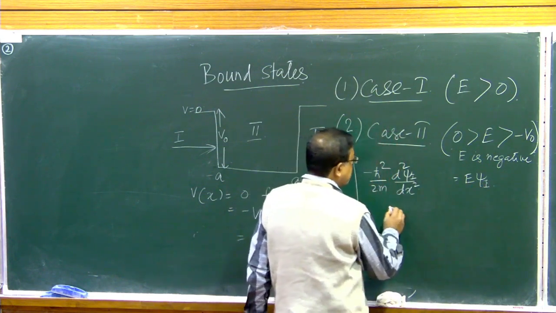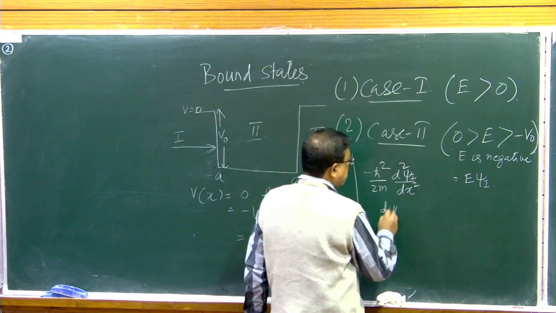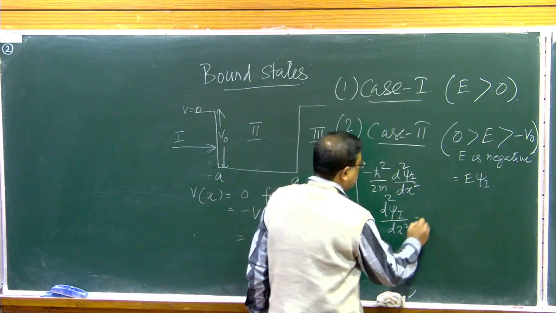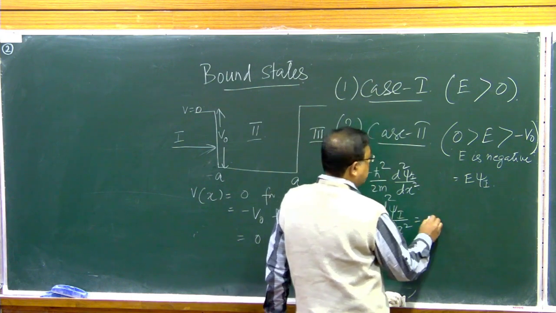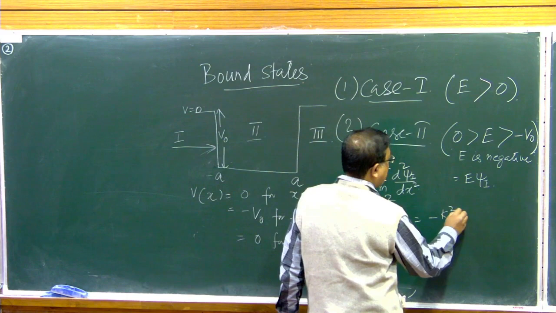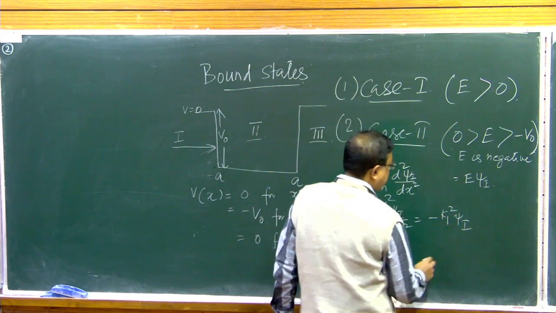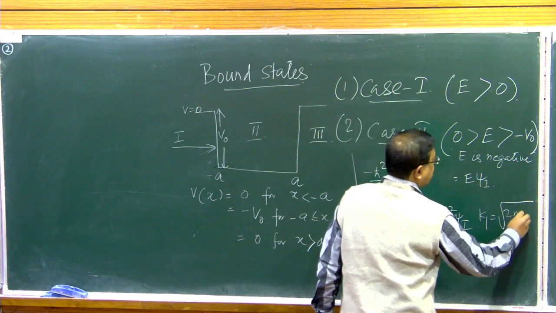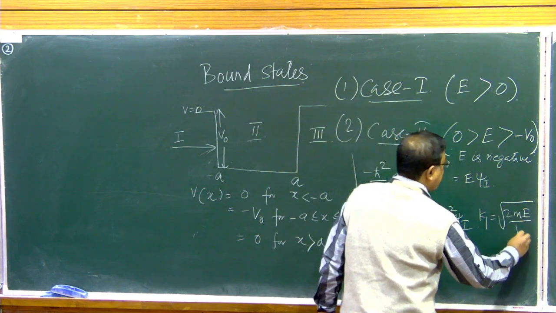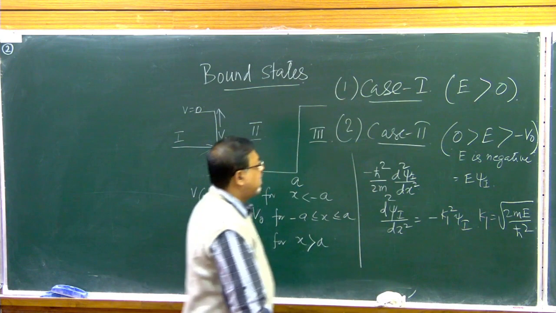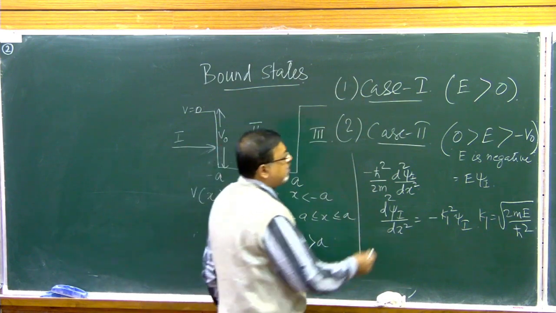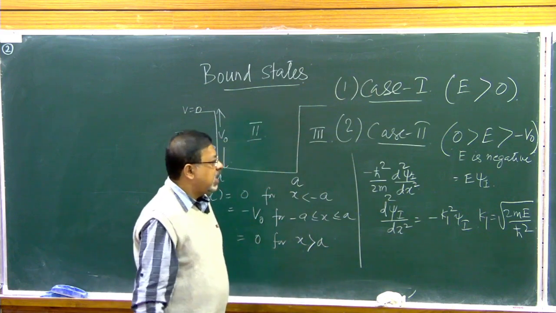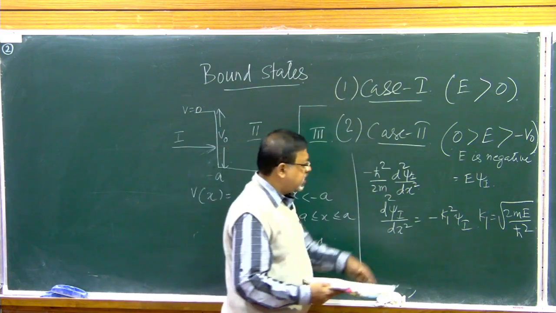So this is d2 psi 1 dx2 equal to minus k1 square psi 1, where k1 is equal to root over 2mE by h cross square. And for the other one you'll have a minus V naught psi, and then you can again write this thing.